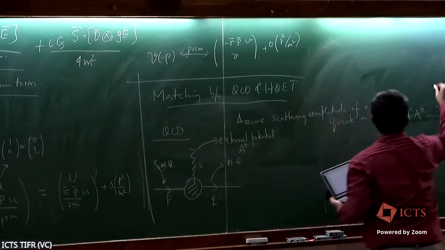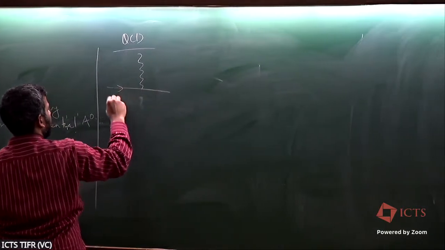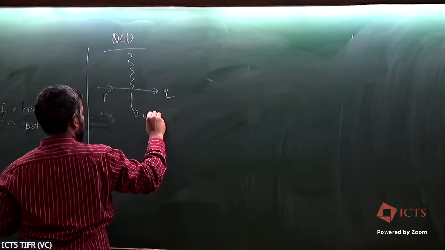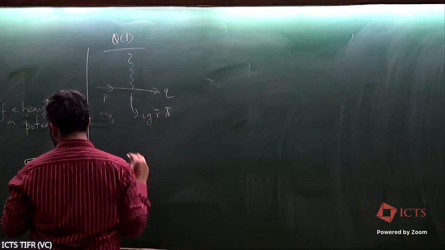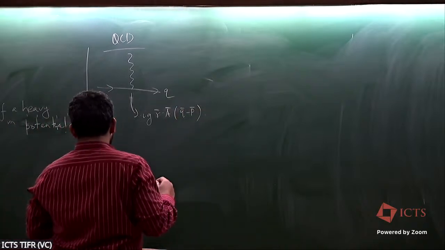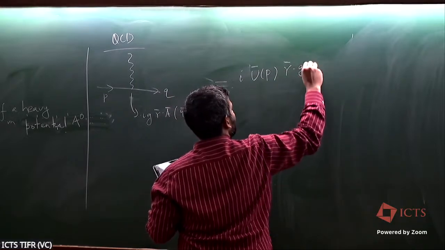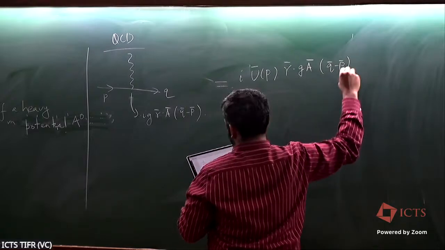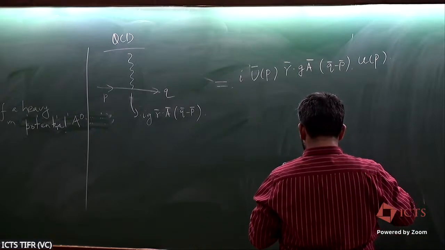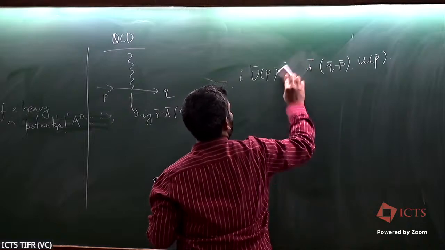So in QCD, what you basically do is compute this diagram, whose vertex is i g gamma dot A. So you write this as i u bar(p') gamma dot g A u(p). Sorry, I'm talking about A0.